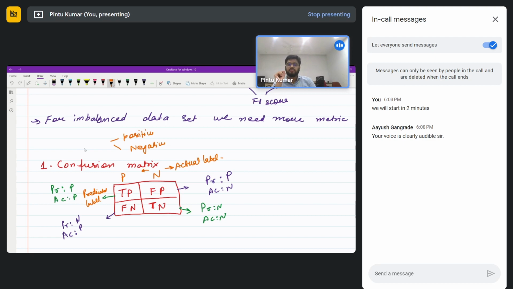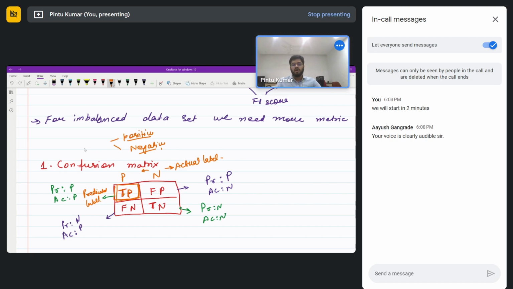Now let's say you have two classes, positive and negative. What would come in the first position is known as true positive, meaning your actual label was positive and whatever you have predicted is also positive. If you count how many such data points have an actual label positive and a predicted one also positive, that gives you the number to be written in place of true positive.